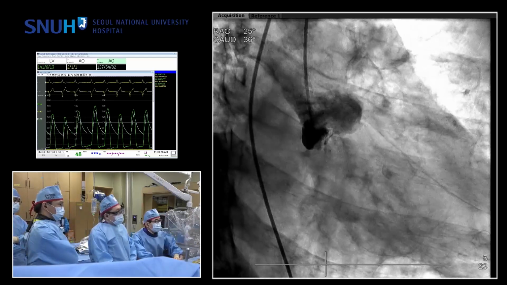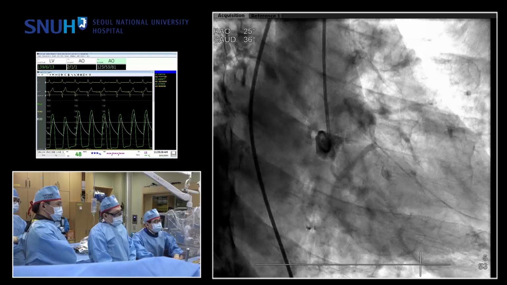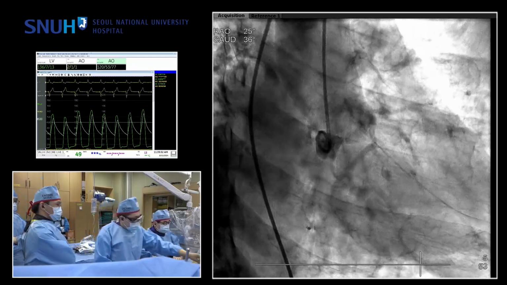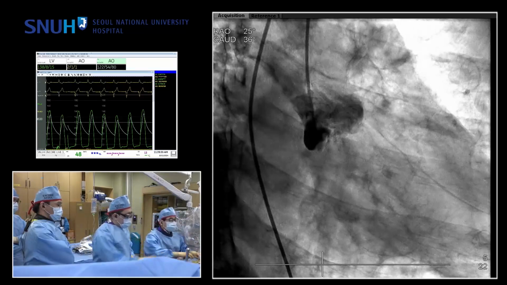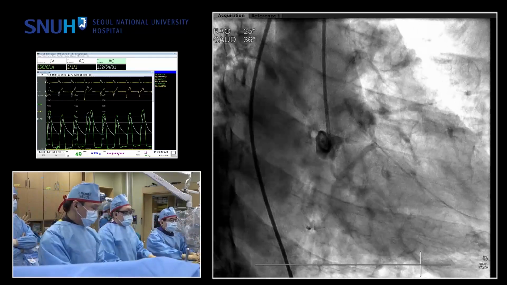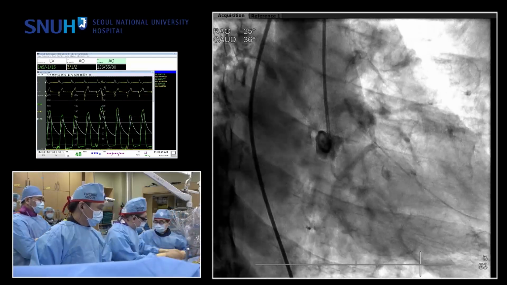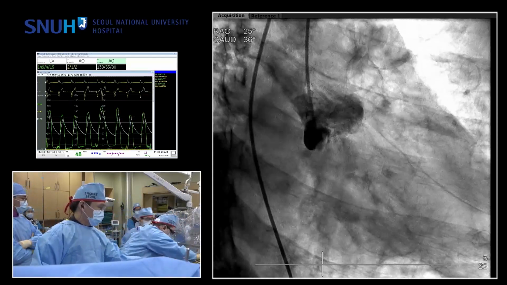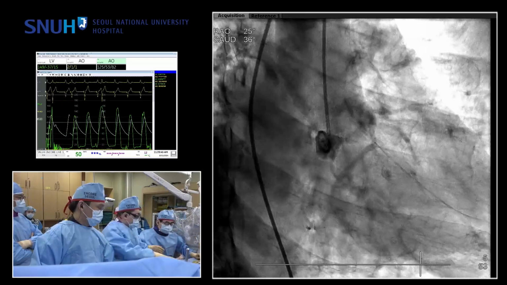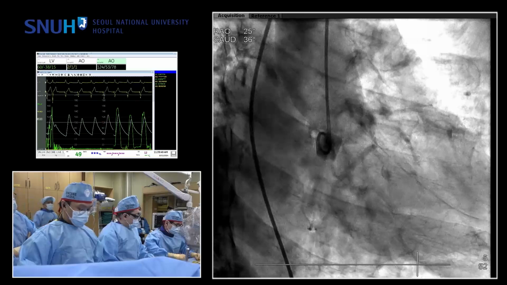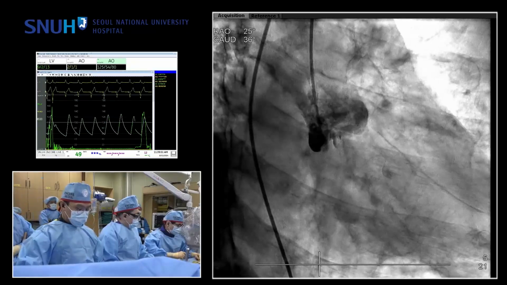This is a cusp overlap view. Then, can you see the hemodynamics? Of course. Yes. Okay, now we are going to do the procedure by inserting Safari wire to LV and pre-ballooning with 21 millimeter balloon.